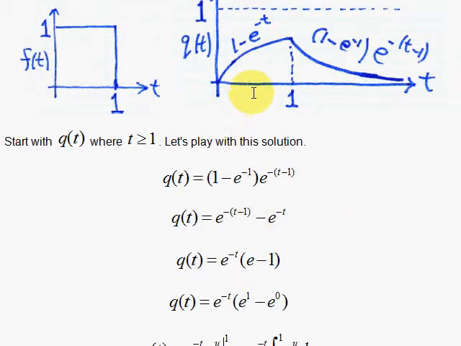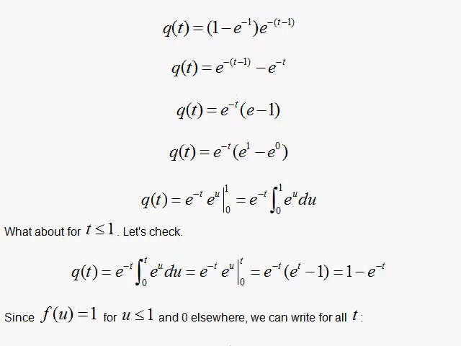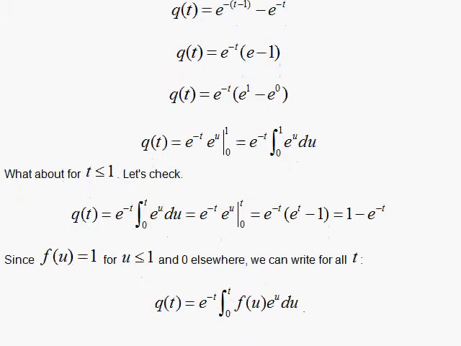And see, in that region, the f function is a 1, and that suggests here that I insert the f of u function in there, so that in general, if I go from 0 to t, where I'm less than 1, surely this f of u is 1 there, and I get this result.